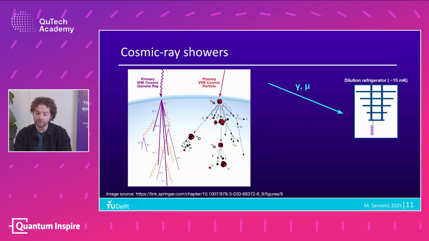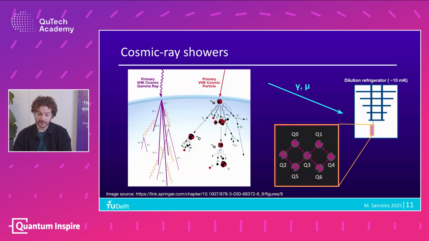If a particular ionizing radiation comes to our lab, let's say either gamma radiation or muon particles, then they pass through our dilution refrigerator, and they can hit the chip that we have inside.